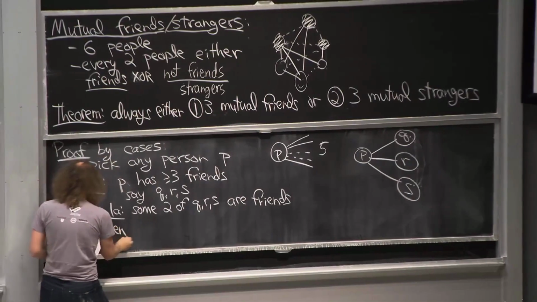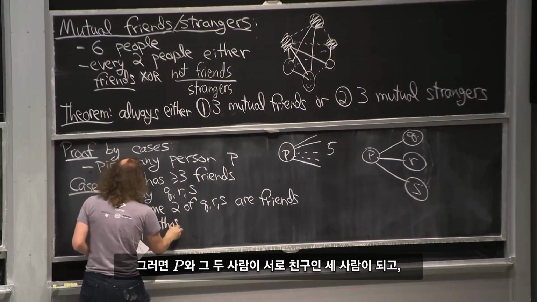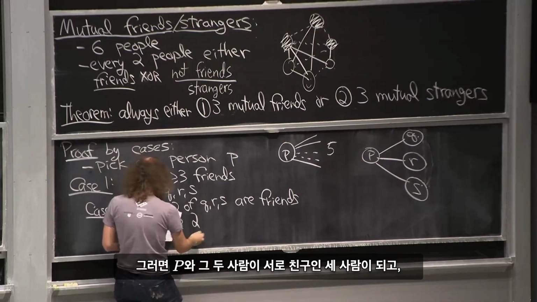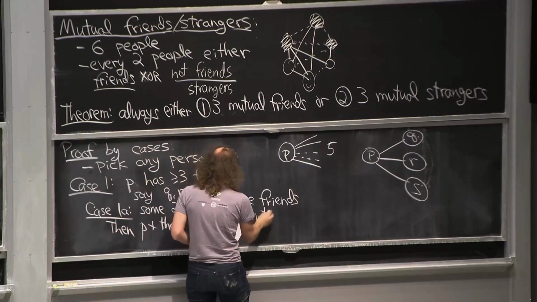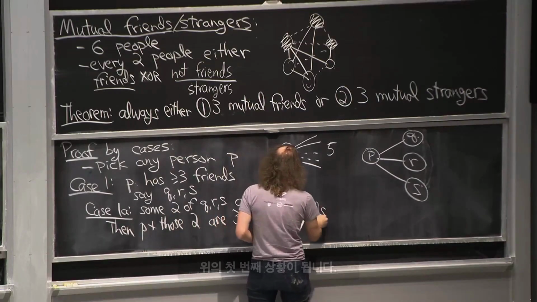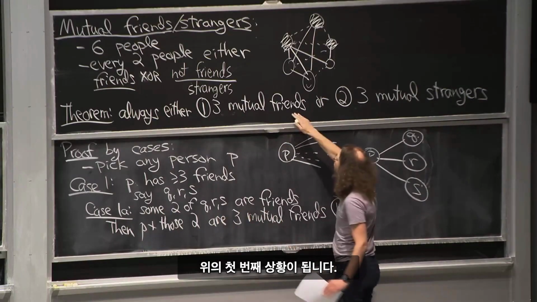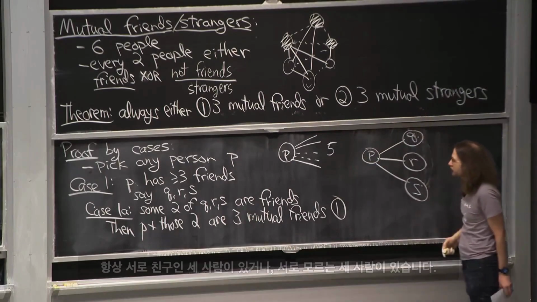Great. Then P plus those 2 people are 3 mutual friends. Okay, which was situation 1 up here. There's always either 3 mutual friends or 3 mutual strangers.